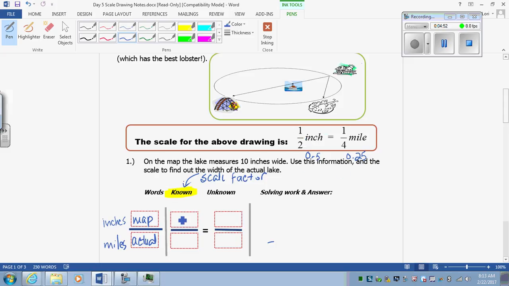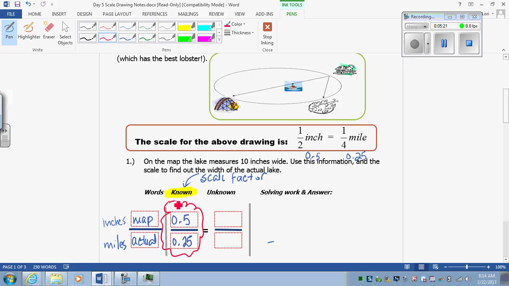So my inches in the numerator would be 0.5 or 1/2 an inch, and then 1/2 an inch is equal to 1/4 of a mile, or 0.25. So now we have half of our proportion already written, and that part of the proportion is always going to be the scale factor.